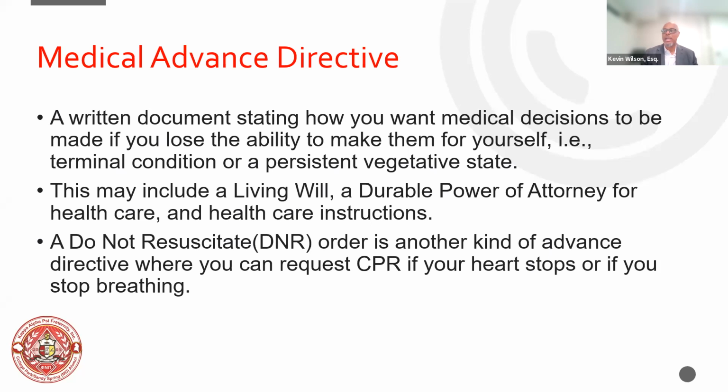For example, do you want to be placed on artificial life-supporting devices? Do you want to use experimental drugs? Do you want to be resuscitated? These are instructions that you can leave behind.